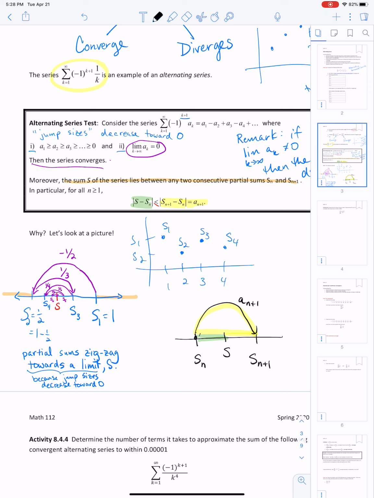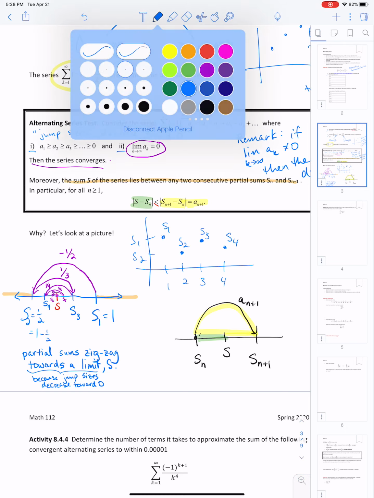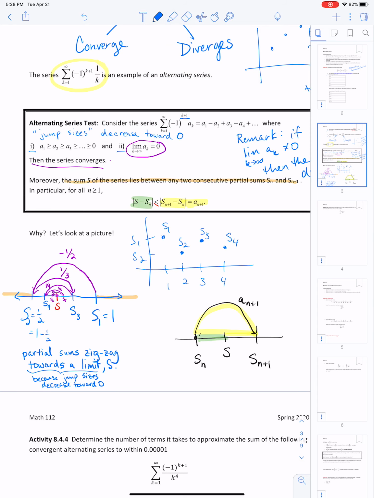So if we were going to check that the alternating series test applies here, we would note that 1 is greater than or equal to 1/2, which is greater than or equal to 1/3, which is greater than or equal to ... And here, again, what I'm stripping out are just the positive parts of the series and checking whether those are all positive.